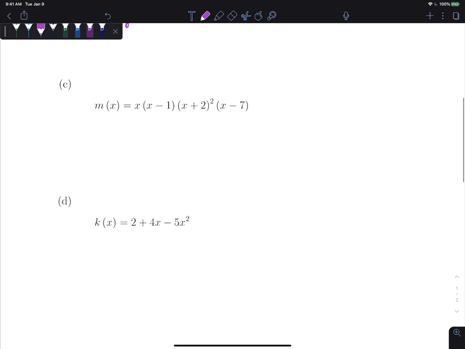Looking at letter C, this isn't quite written in descending order. This is actually a factored form of a polynomial. So we have m of x equals x times x minus 1 times x plus 2 all squared times x minus 7. To do this, we need to identify the leading power function without multiplying everything out.